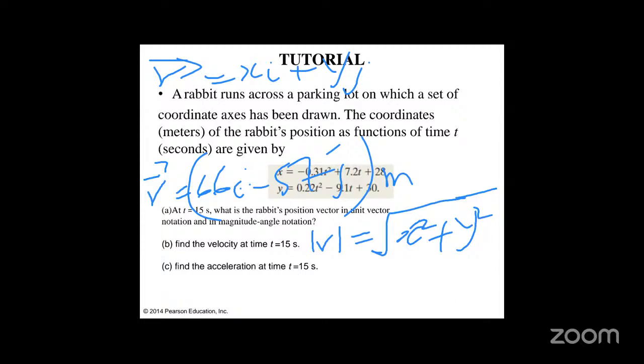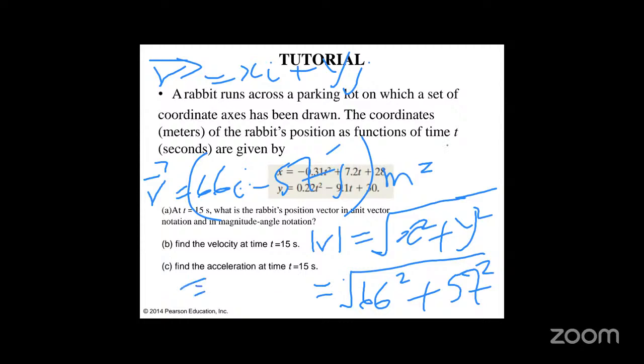If we substitute the values, that will be the square root of 66 squared plus 57 squared. So that will give us 87 meters. So the magnitude is 87 meters.